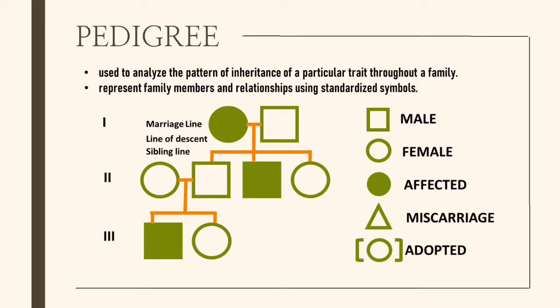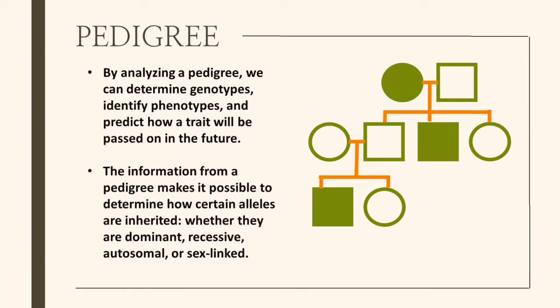Okay, so next tayo. So according to this one, by analyzing a pedigree, we can determine the genotypes, identify the phenotypes, and predict how a trait will be passed on in the future. Okay? The information from a pedigree makes it possible to determine how many certain alleles are inherited, whether they are dominant, recessive, autosomal, or sex-linked.